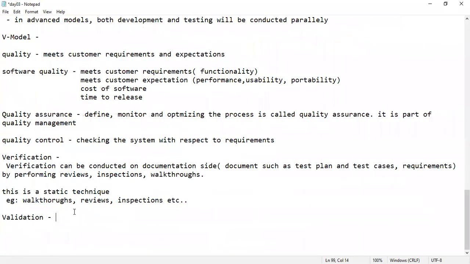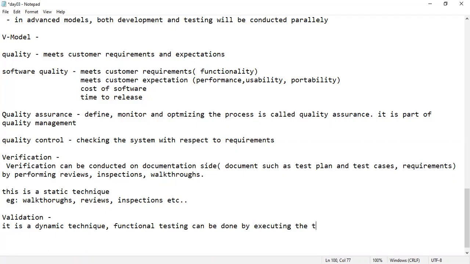What is validation? Verification is a static technique, right? Validation is a dynamic technique. In this phase, functional testing can be done by executing the test cases.